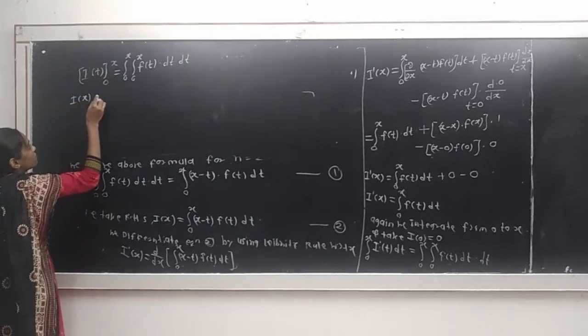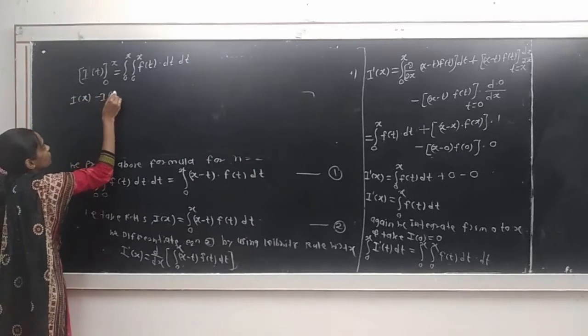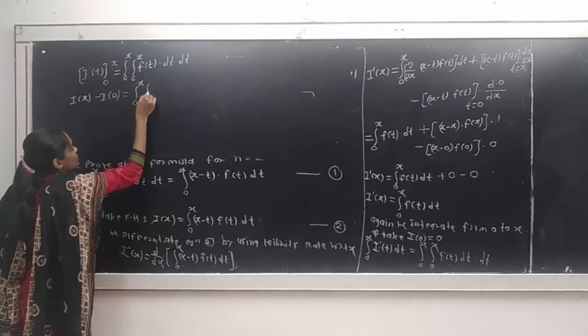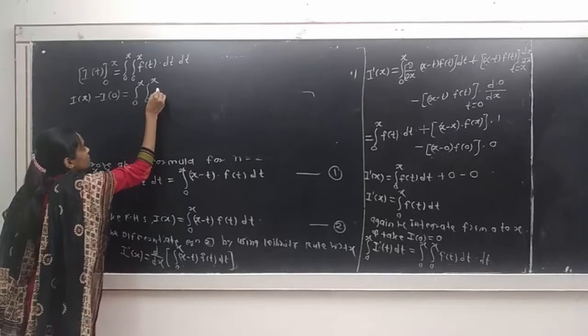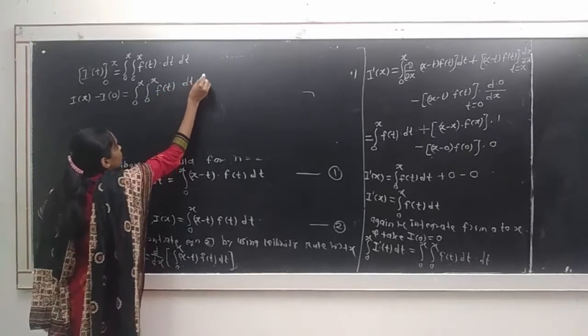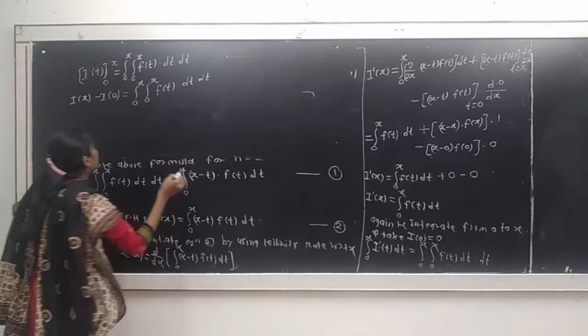I of x minus I of 0 is equal to integration from 0 to x, integration from 0 to x f of t dt.